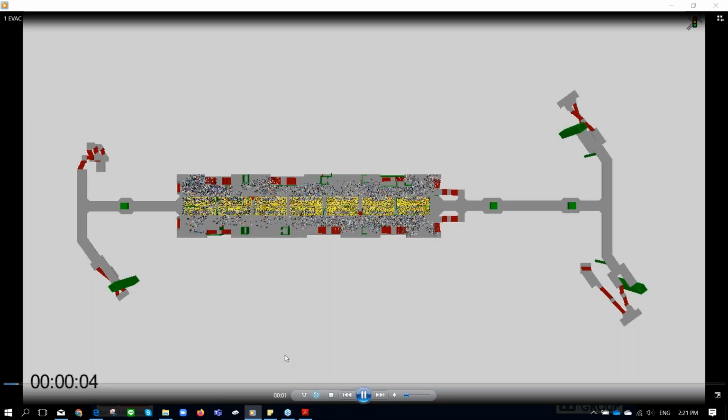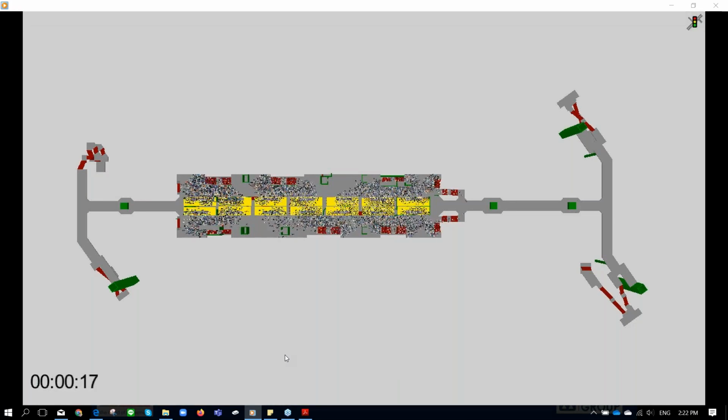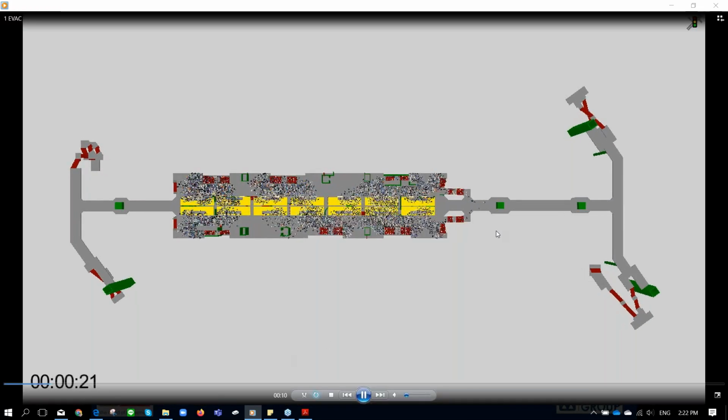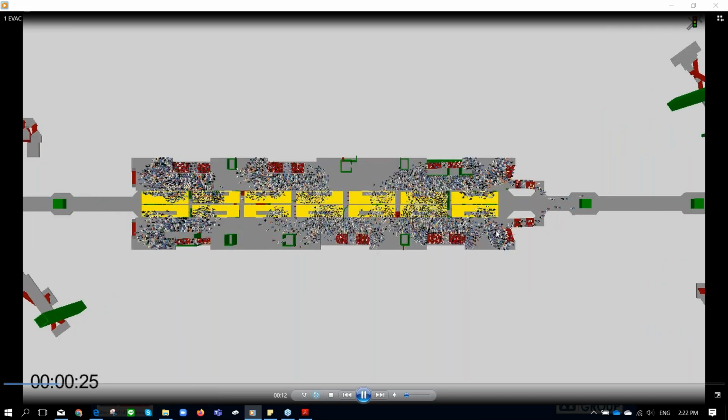Okay, this is our real case. We export the station that you see in the earlier slide, but we hide some layers like the roofs because it's not very necessary and it's not really related to evacuation.